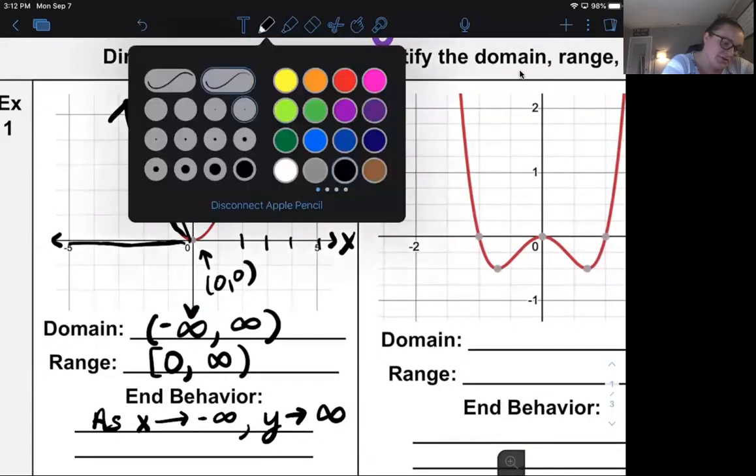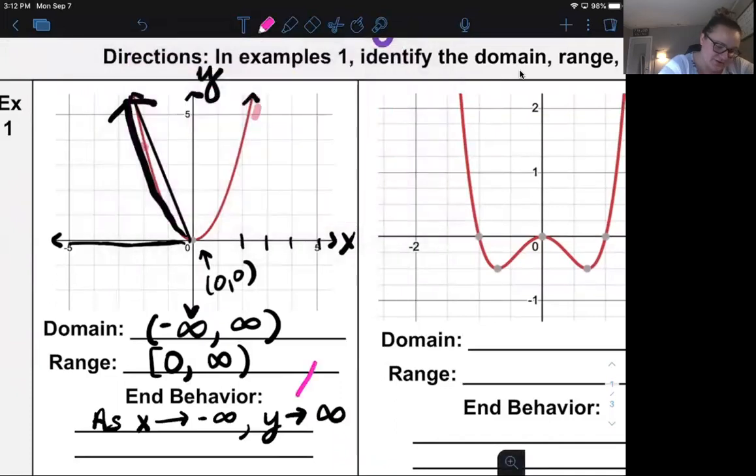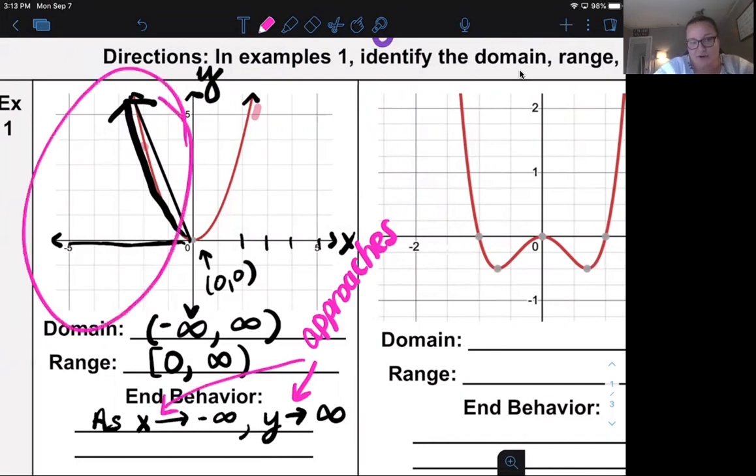And I just want to make a note to myself that those arrows mean the word approaches. So as x approaches negative infinity, y approaches positive infinity. So we just described what's happening on the left side of this graph. Now we need to describe what happens on the right side of this graph.